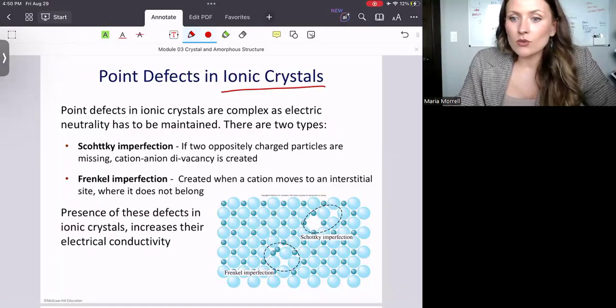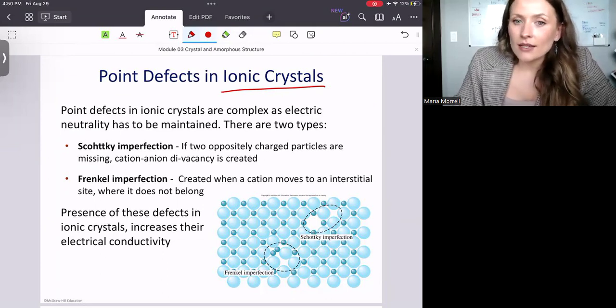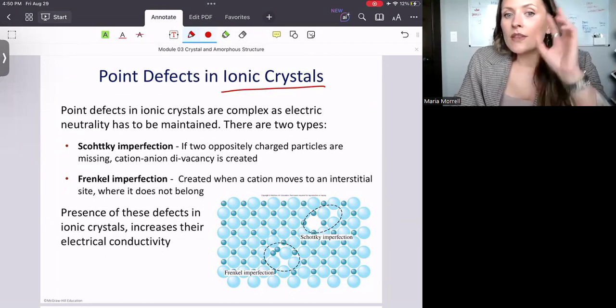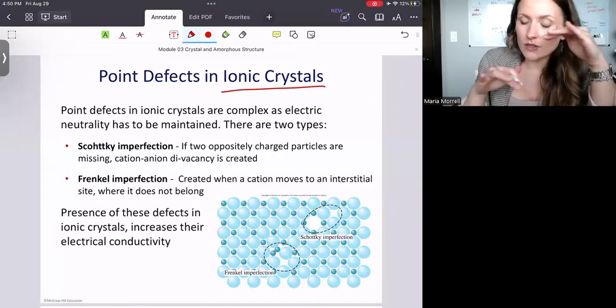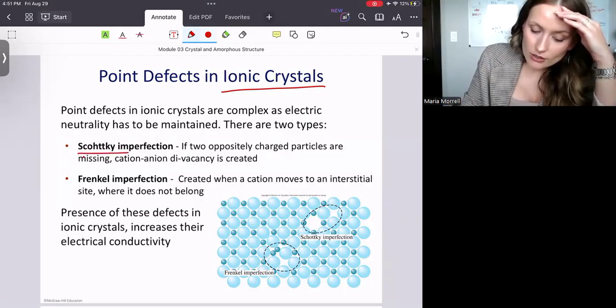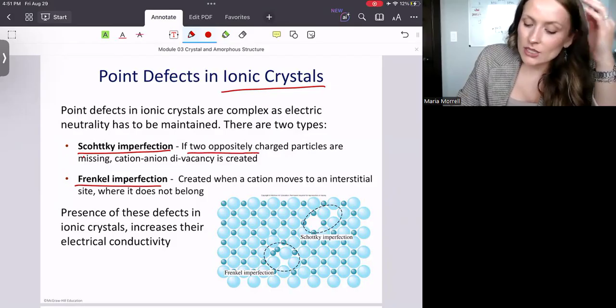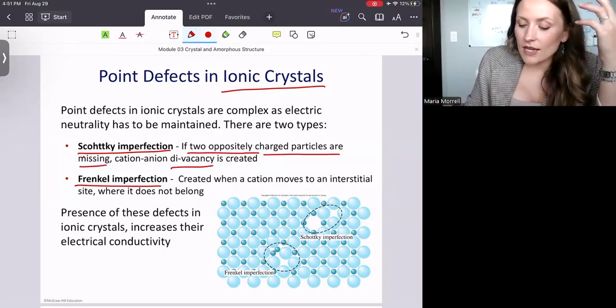Now, if we are to look at the ionic crystals, right? Because you guys understand what an ionic crystal is, right? Basically, we have positively charged and negatively charged ions. You have a cation and an anion. Then there we actually have point defects that have two different types, right? And we call those a Schottky imperfection and a Frenkel imperfection. So the Schottky imperfection is when two oppositely charged particles are missing, meaning that you now have a divacancy, right?